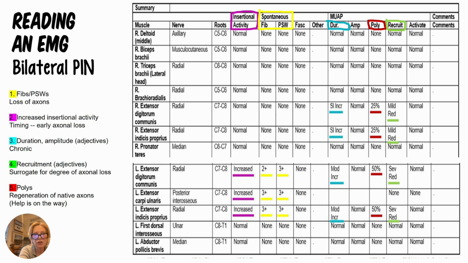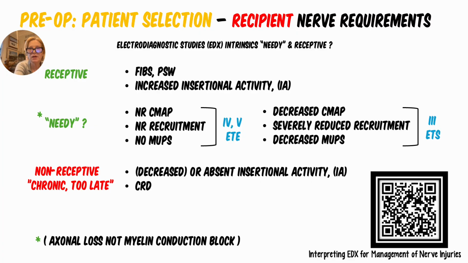Recruitment is physiological. It's a surrogate for the CMAP. It's a surrogate for the number of axons there and axonal loss. And then polys is help is on the way, the nascent axons finally reaching target. So in summary, there you go.